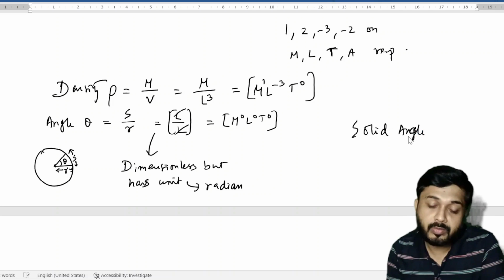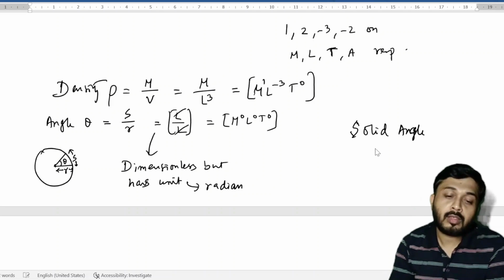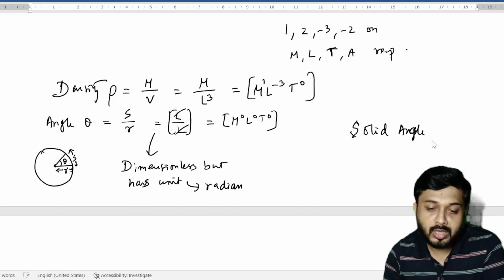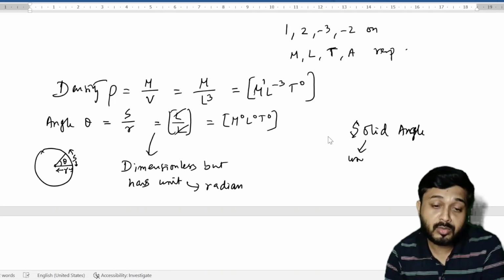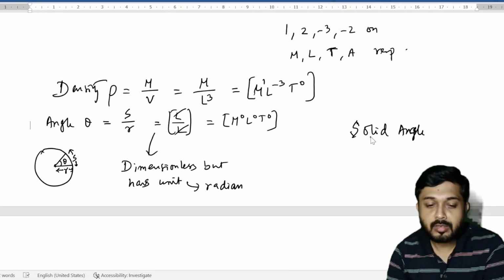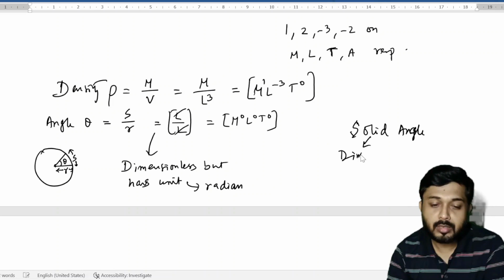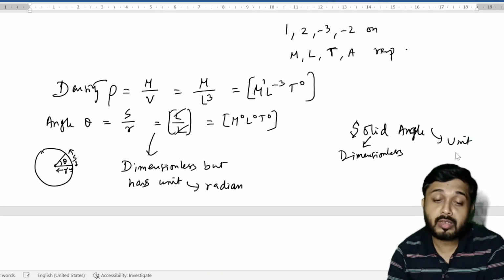That will come afterwards in your course of syllabus. Solid angle is also a dimensionless quantity but not unitless, just like angle. It's dimensionless but having a unit.